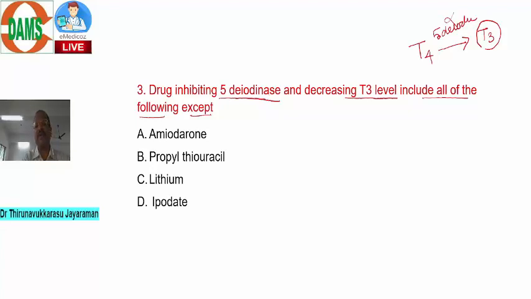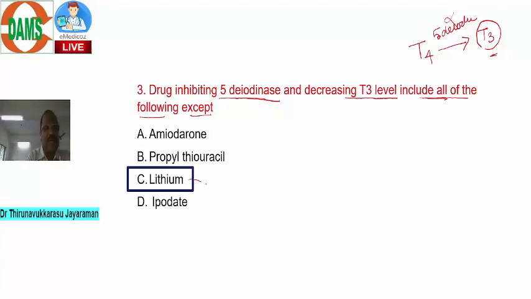That means all of the following drugs are inhibiting peripheral conversion of T4 to T3 except one. The options are amiodarone, propylthiouracil, lithium, ipodate. Straight question. The answer is option C, lithium.